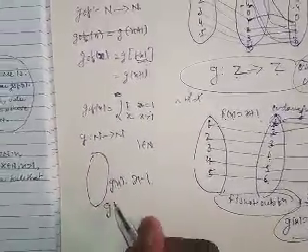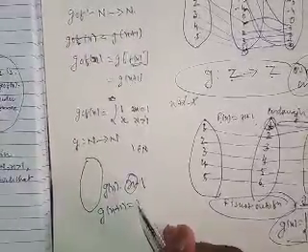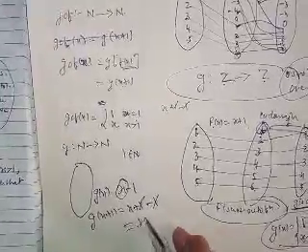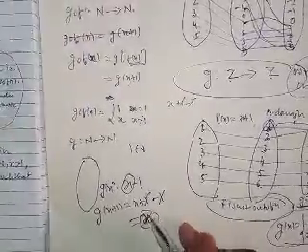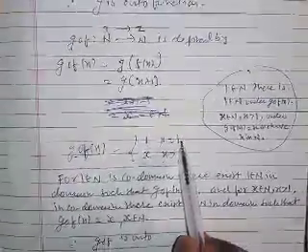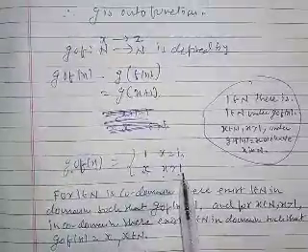Put here x plus 1. In place of x, you write x plus 1, then minus 1. So this cancels out, and it gives you x. So we say g∘f of x is equal to 1 when x is equal to 1, and g∘f of x is equal to x when x is greater than 1.